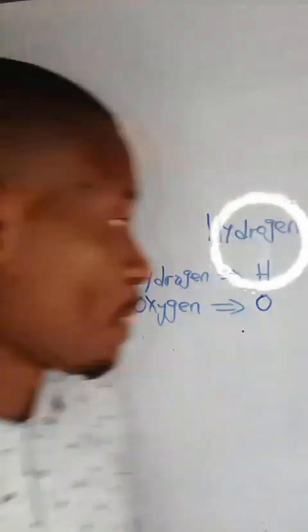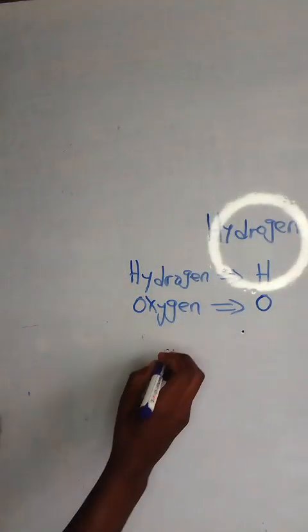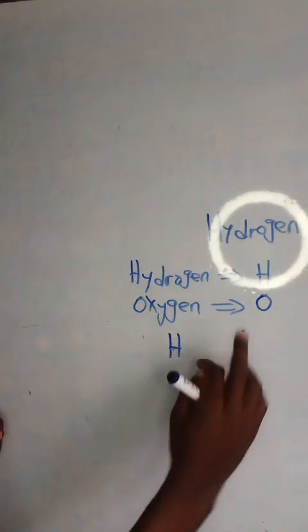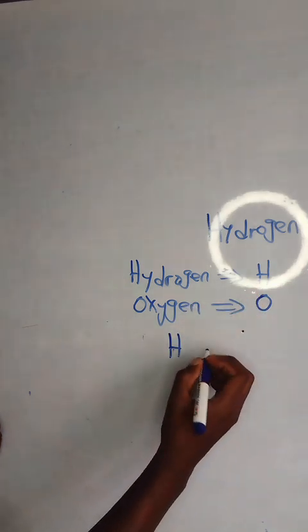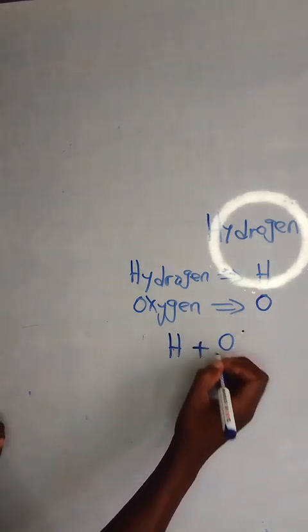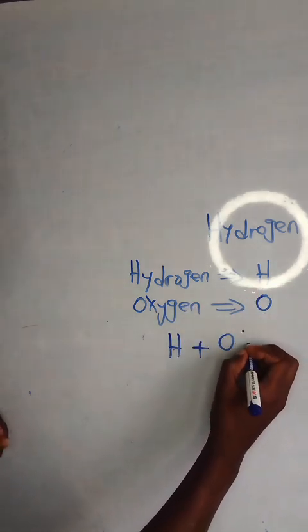Don't worry about where those numbers are coming from; I'll show you in the next video. But I want you to understand what a chemical reaction or equation looks like, or what the equation is all about. So from there, we can say hydrogen, now we can use the symbols, hydrogen plus oxygen.